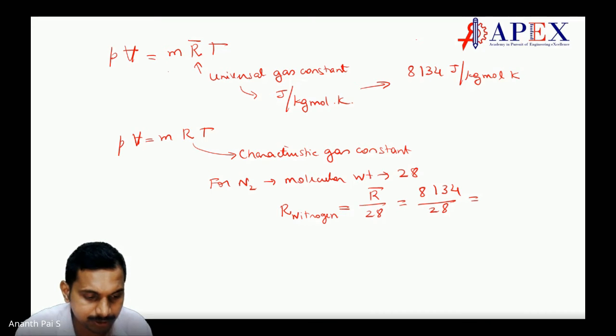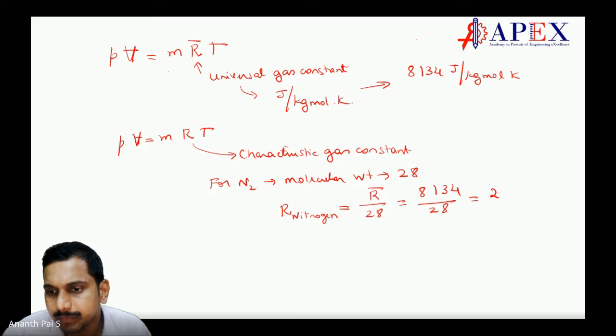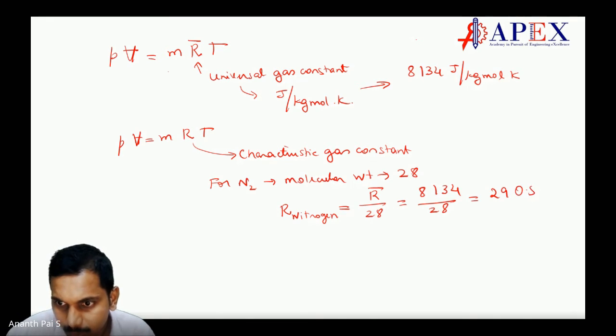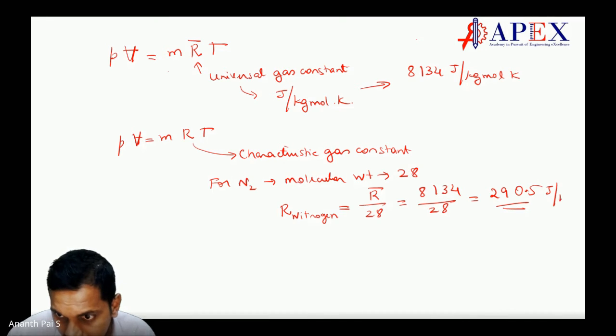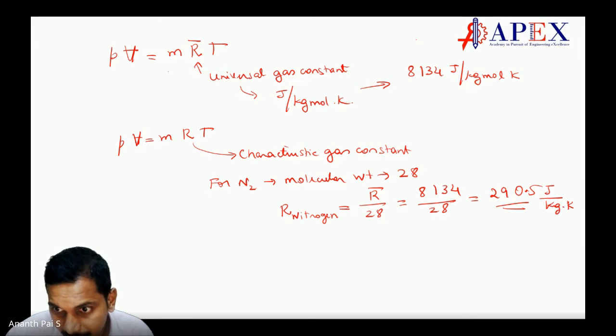Very important. Okay, so 8134 divided by 28 comes as 290.5 joules per kg Kelvin. See the difference? It's the same unit as Cp and Cv, joules per kg Kelvin. Very important.